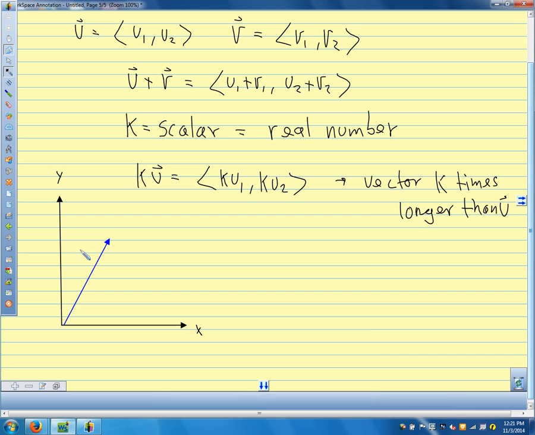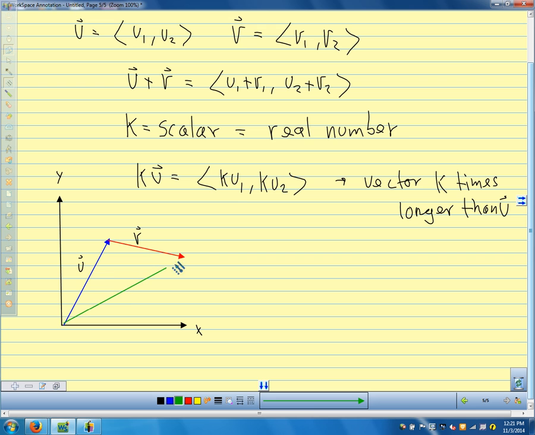If that's u, and this vector is v, the green vector here from head to tail is u plus v. So I start here, go to here, end up here, and the result is I start here and end up there. So geometrically we add head to tail.